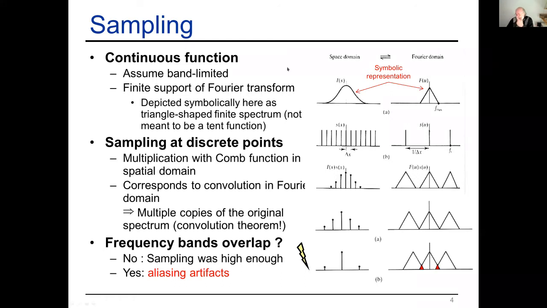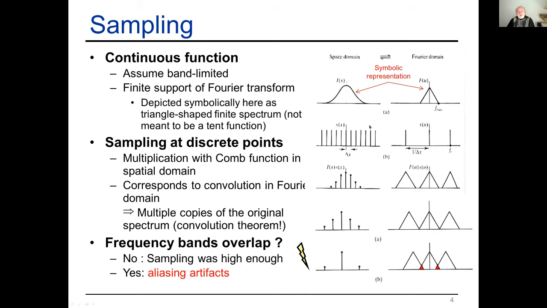If I want to take a sampling of my continuous image function, we get a continuous wave of light into our camera, and I want to sample this at equidistant spaces. Then I take the product of this function f with the comb function, and this gives us my sampled function. So I only have values of this continuous function now at discrete locations in the spatial domain.